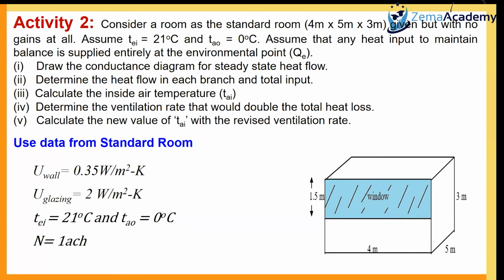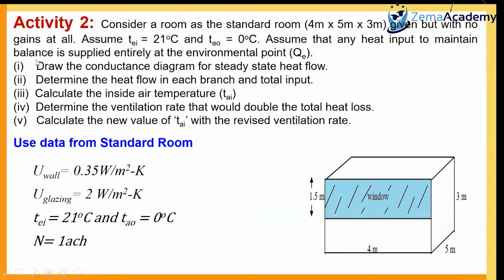If we add any heat into the room and we say that that heat is added to the air point, that means we are increasing the inside air temperature, which is not something we want, because we are dealing with steady state. So for this purpose, we are assuming that, in order to maintain a heat balance, whatever amount of heat is there will only be at the environmental point, because any heat that is added at the environmental point will appear after a slight delay, not at that same instant.